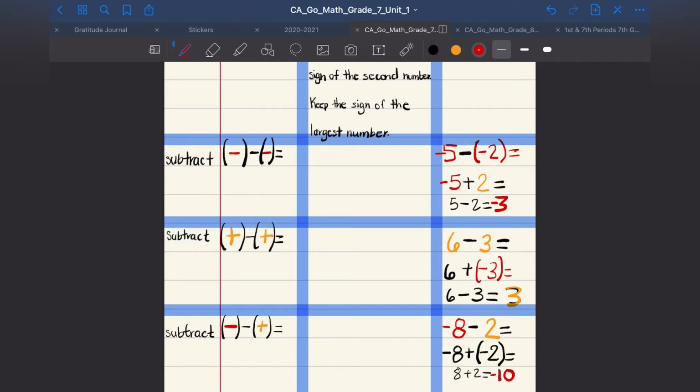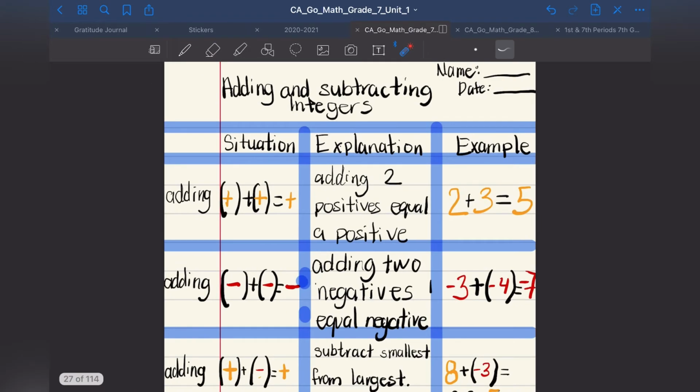But again, if you look at the situation, you are adding two negatives, and if you go back here, whenever you are adding two negatives, then you add them like regular numbers and you keep the negative sign.